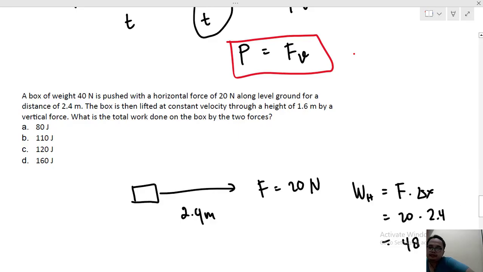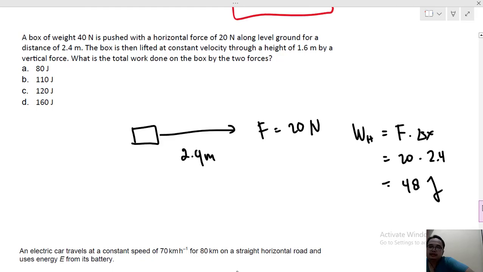Then the box is lifted at constant velocity through a height of 1.6 meters. I will call it delta y because the direction is vertical.